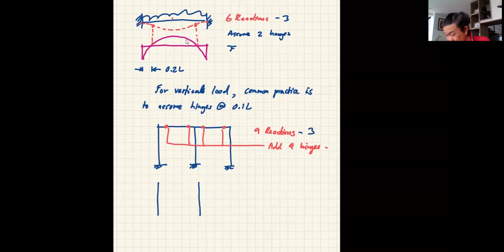Okay, or say, then let's say bring it down to just 1 frame. Okay, now it's 6 reactions. Correct. Minus 3. Now you have 3 unknowns left. Add 2 hinges.